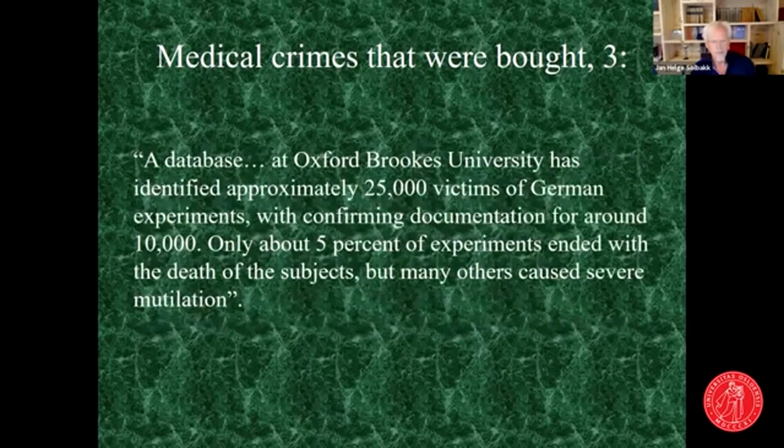End of quote. A database at Oxford Brookes University has identified approximately 25,000 victims of German experiments, with confirming documentation for around 10,000. But only about 5% of experiments ended with the death of the subjects, but many others caused severe mutilation.